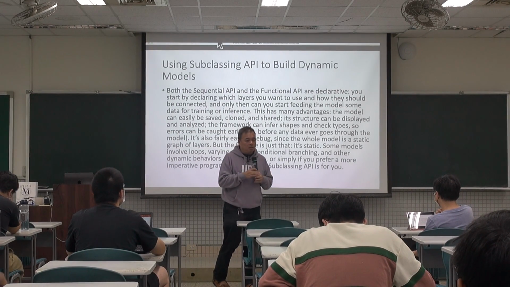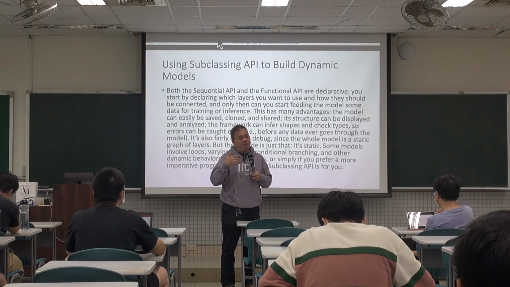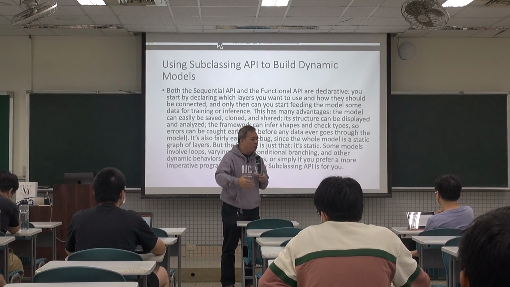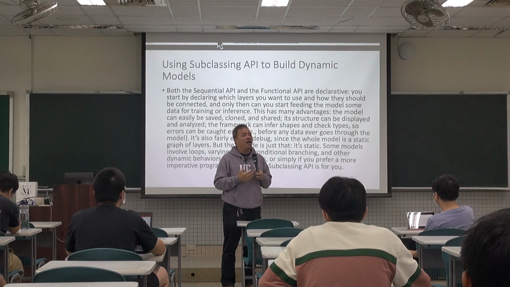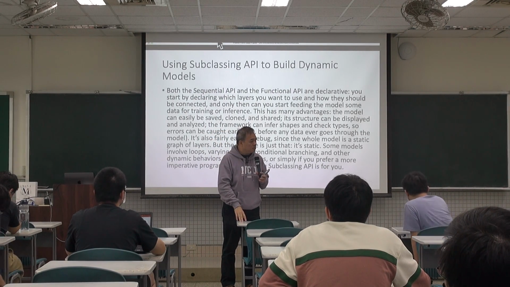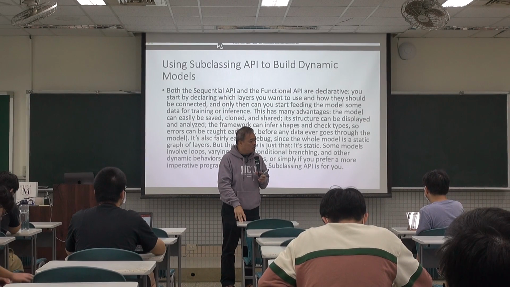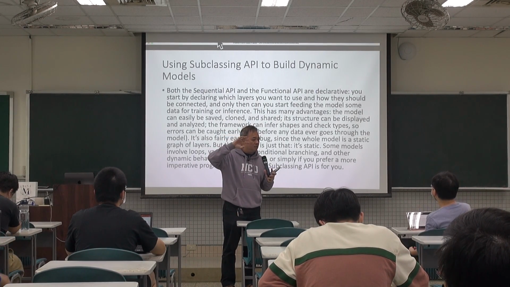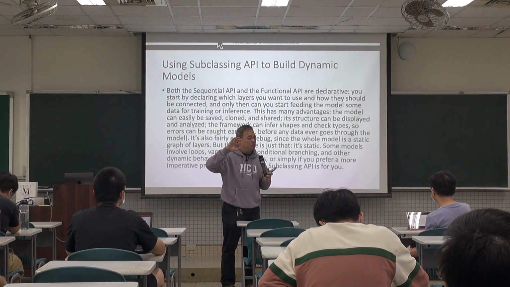It is the case where, during the model training, you are able to change the architecture, the structure of your model. So the model structure can be changed dynamically during training.